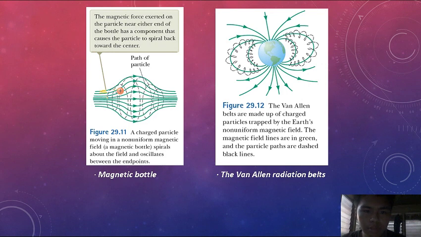Diba, since we have a uniform magnetic field, yung path ng particle is helix. Since pababa yung magnetic field pagdating dito sa end, mag-spiral siya.